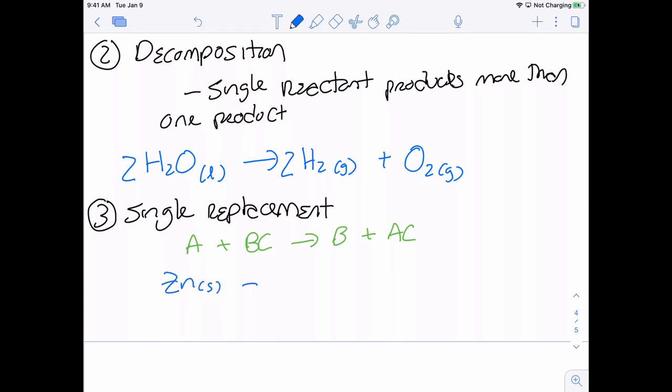Zinc solid will react with copper 2 sulfate, which is aqueous, and that will produce copper solid plus zinc sulfate, which is aqueous. So zinc is replacing copper, and then copper would be by itself, and zinc would be bonded to sulfate.